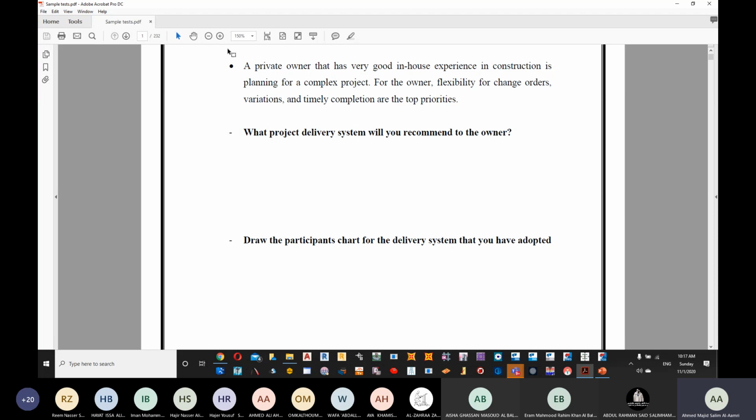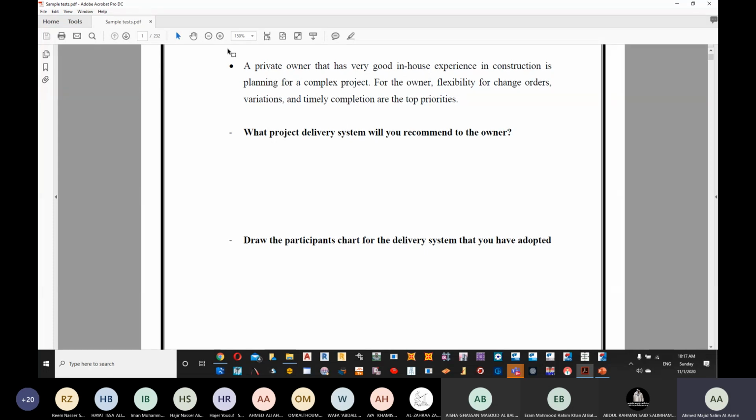So we don't have a lot of flexibility in the change orders. And it's a very time consuming method because the bid will take a lot of time. Since you want the best offer, of course you need to wait.